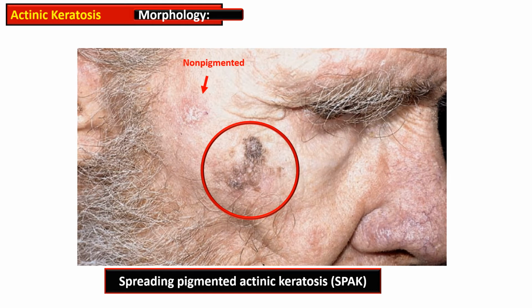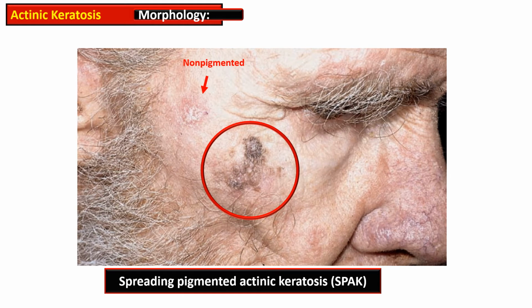The distinctive features include its size, that is more than 1.5 centimeter, and its pigmentation, that is brown to black and variegated in appearance, and there is history of slow spreading, especially on the varicose surfaces.